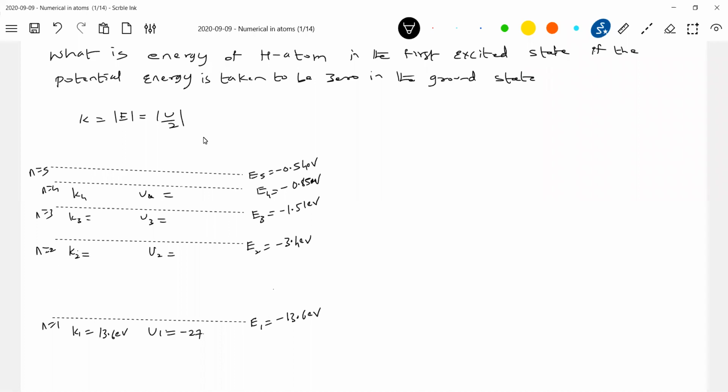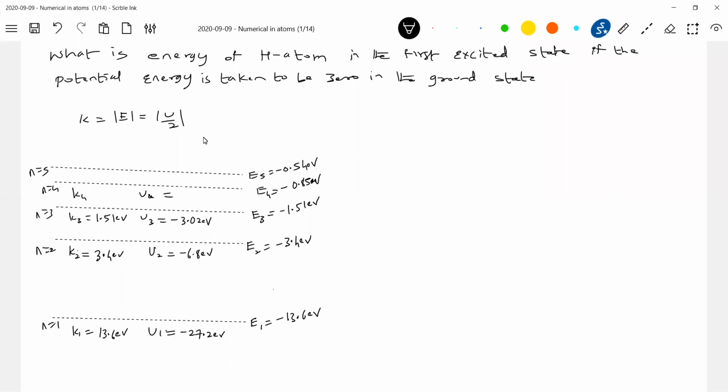Minus 27. K2 should be equal to mod of E, so this will be 3.4. This will be minus of 6.8. Similarly, this will be 1.51, and this will be minus of 3.02. These are the energies here.